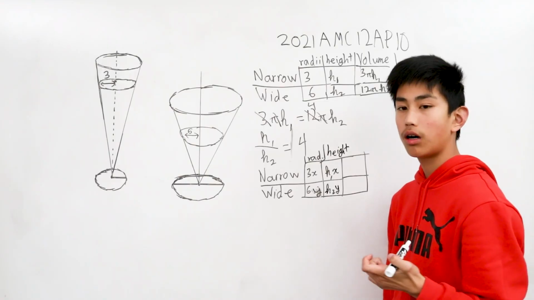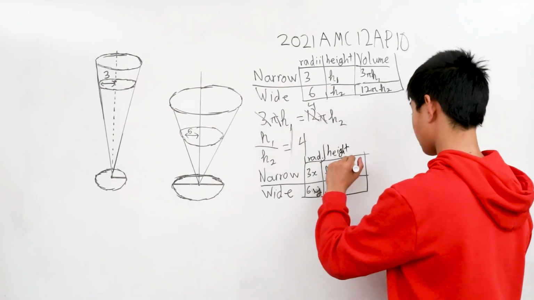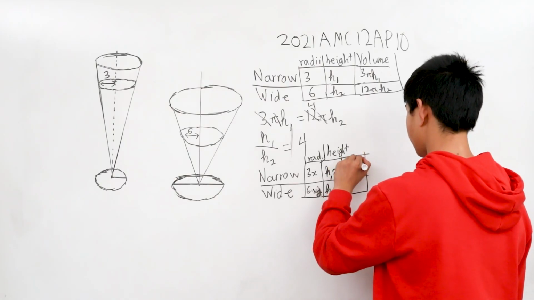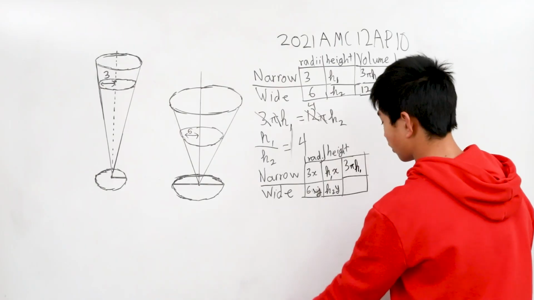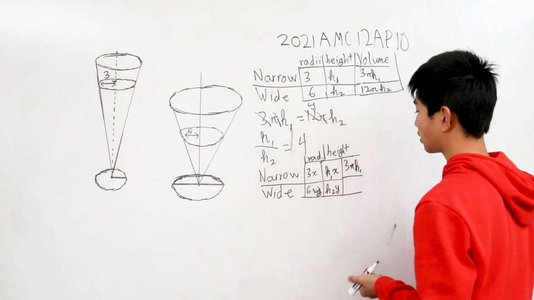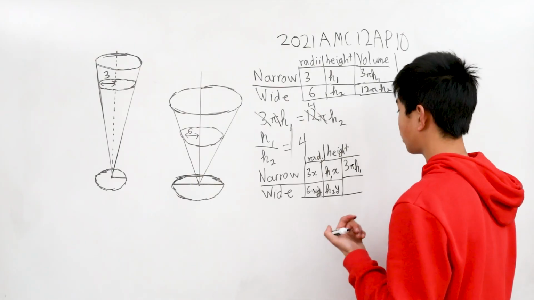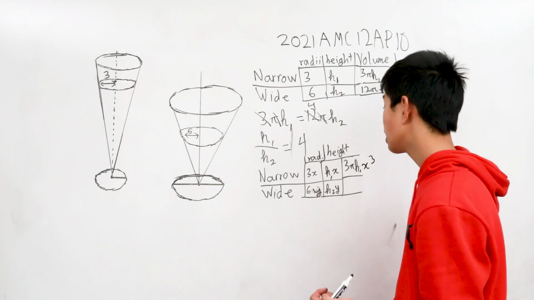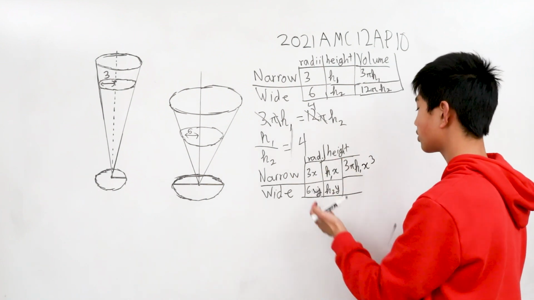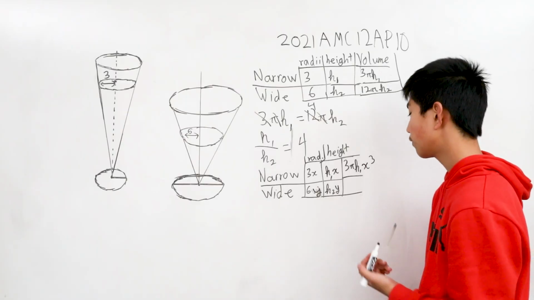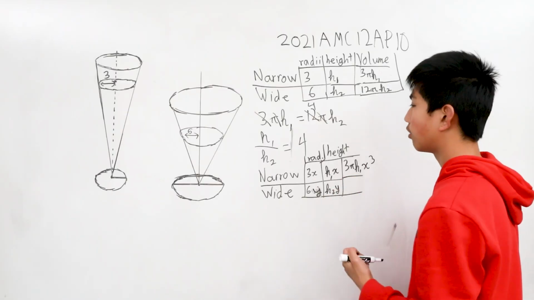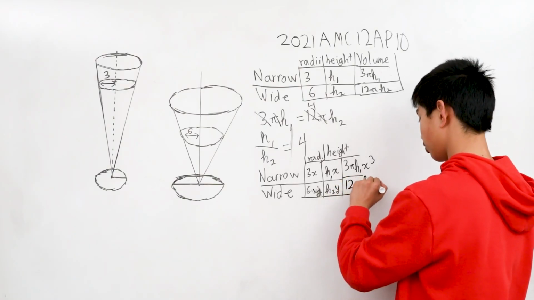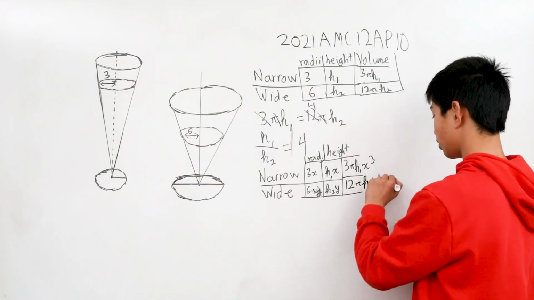The volume for this one is still going to have 3 pi h1, but you have to add another variable, the x in this case, because that shows the increase in height and volume. So this is x cubed, because you square it for the radius and then multiply it again for the height. Therefore, the volume of the wide cone after you drop the marble in is 12 pi h2 y cubed.